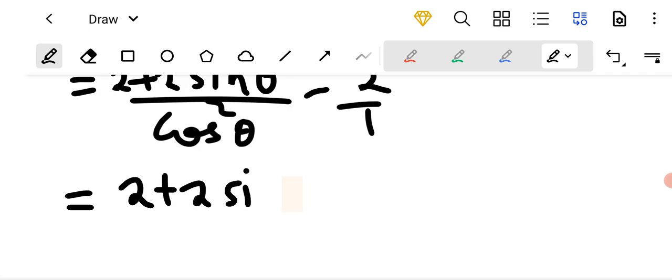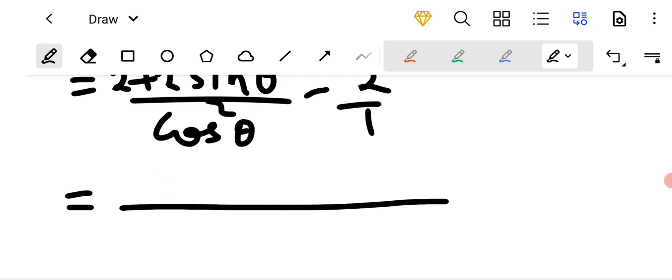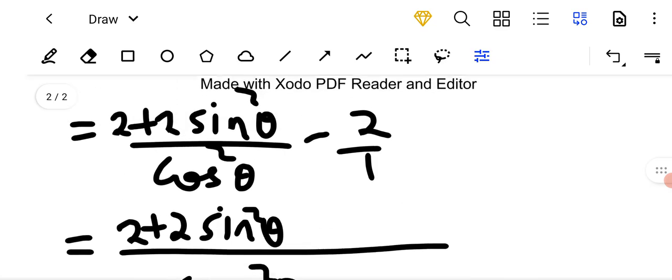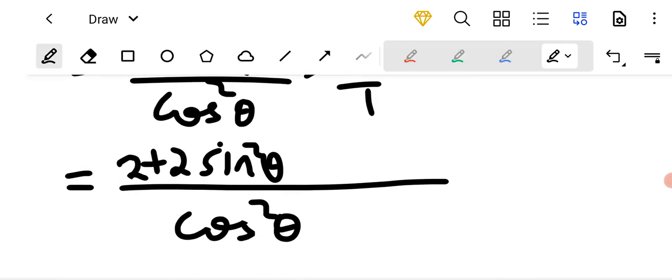Let's first start by finding the lowest common denominator, which is cos theta squared, because 1 and 1 can go into cos theta squared, and cos theta squared can go into itself. So it can go into itself once, so you're going to have 2 plus 2 sine theta, which has to be squared, of course. And then 1 into cos theta squared is cos theta squared, so minus 2 cos theta squared.